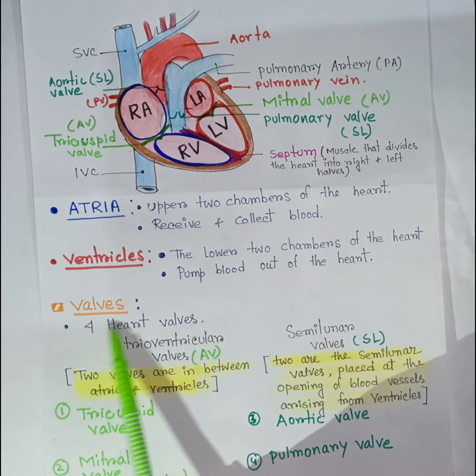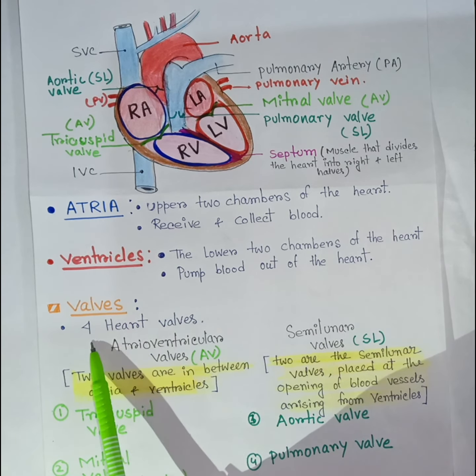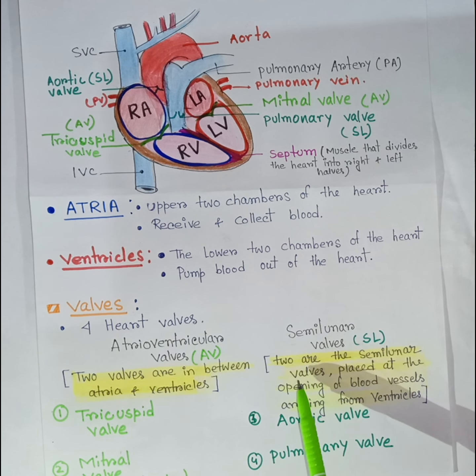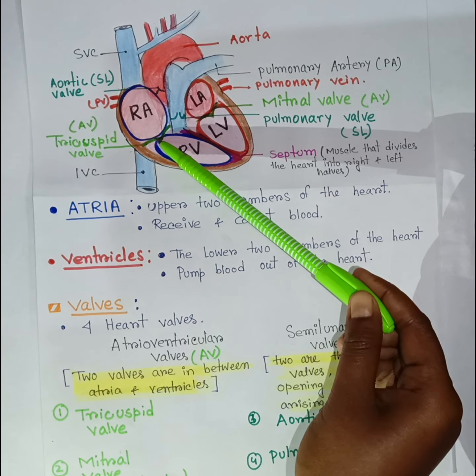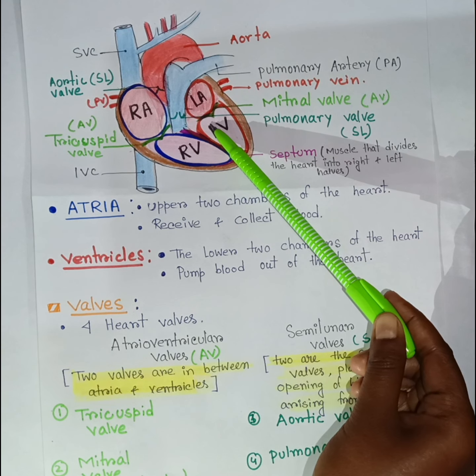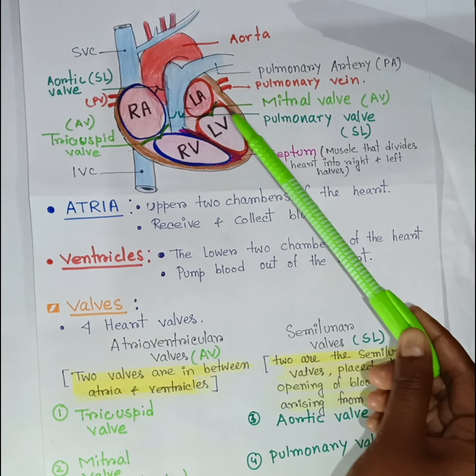Revise valves. 4 heart valves: 2 are atrioventricular valves between atria and ventricles, and 2 are semilunar valves placed at the opening of blood vessels arising from the ventricles. Tricuspid valve and mitral valve are known as atrioventricular valves.